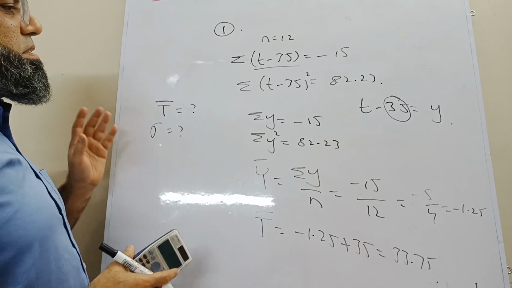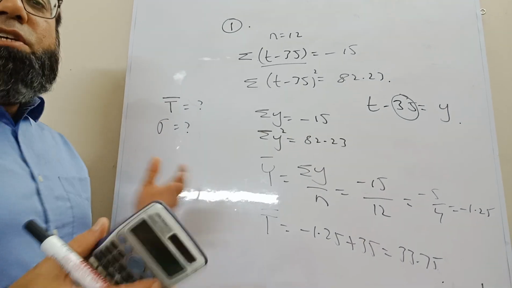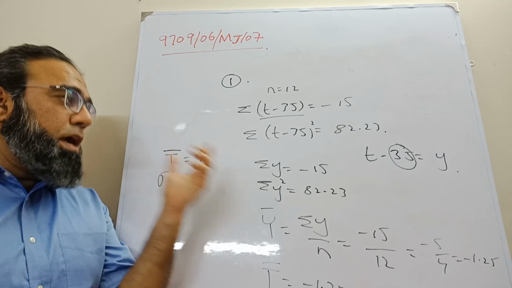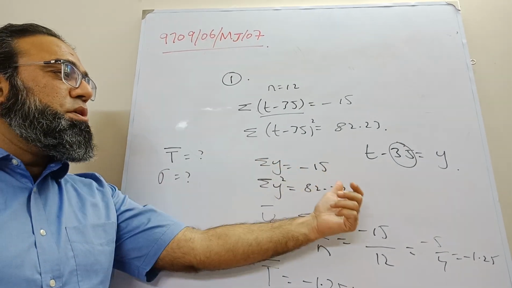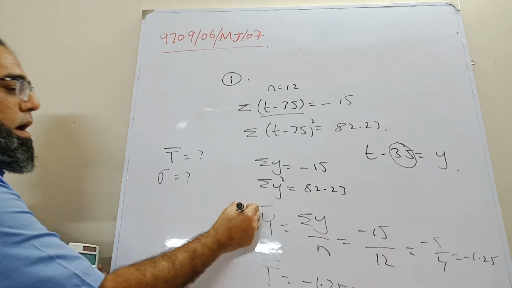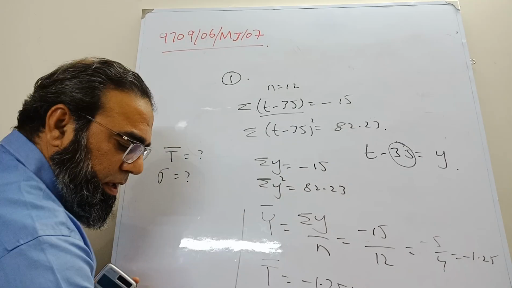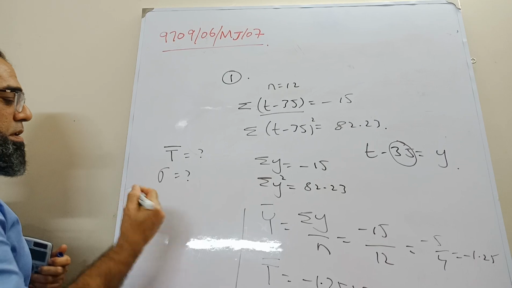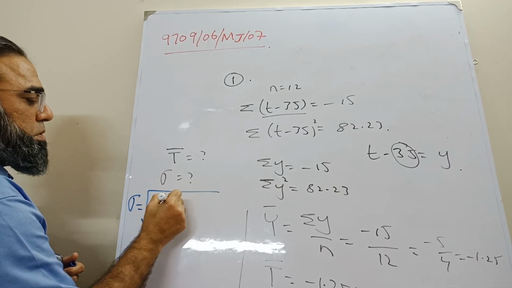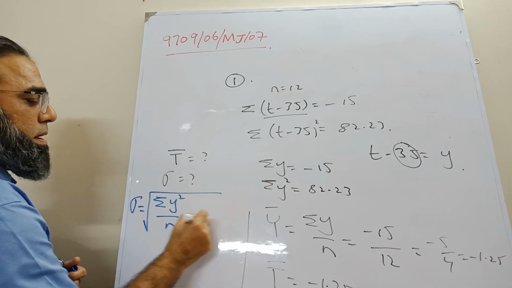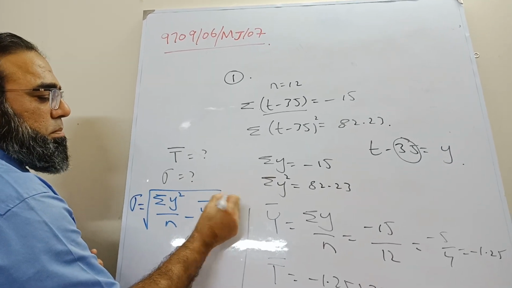And now we have to find the standard deviation. So as I told you, the standard deviation is going to be same for the actual data or for this new data, the coded data. So you can apply that formula over here: the standard deviation is going to be the square root of sigma y square over n minus the mean square.